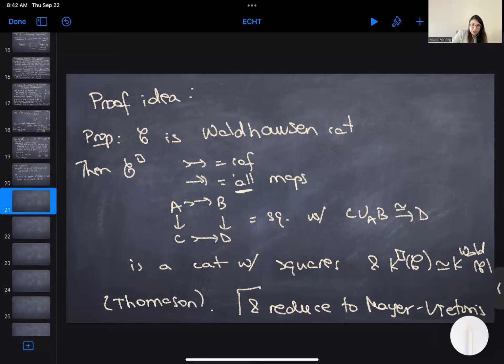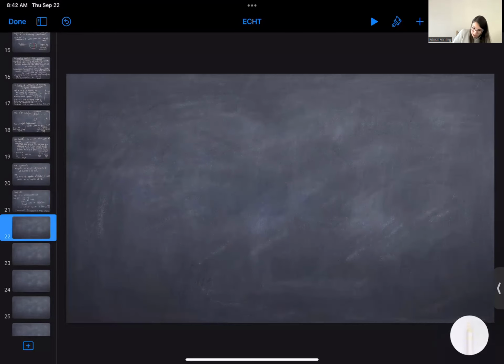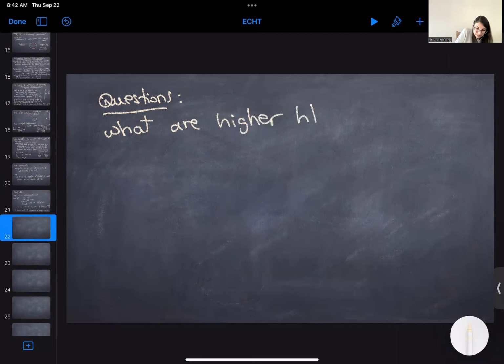So now, in the last minutes, let me talk about some recent work and some questions. Of course, one of the big questions is what are the higher homotopy groups, and what higher invariants do they encode?